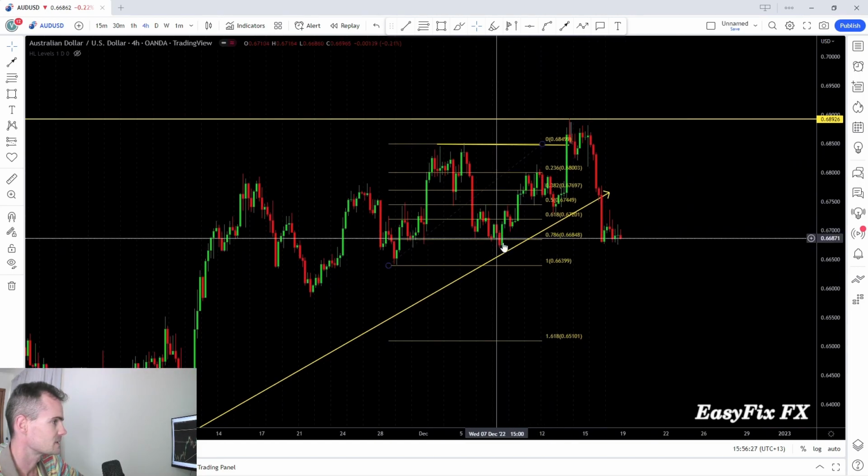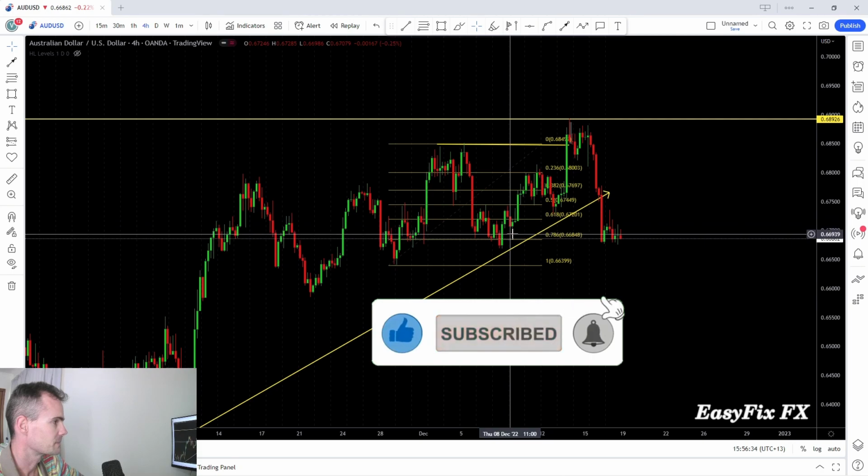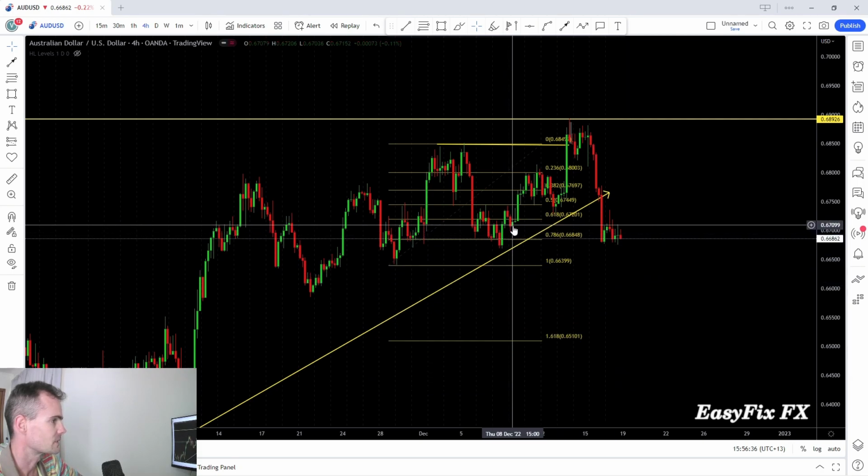See how at the 78.6 there was a major rejection, and then there was a bit of a pullback. So during that pullback you want to enter on the lower time frames once you see the rejection.